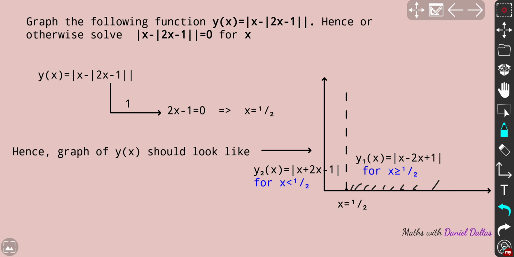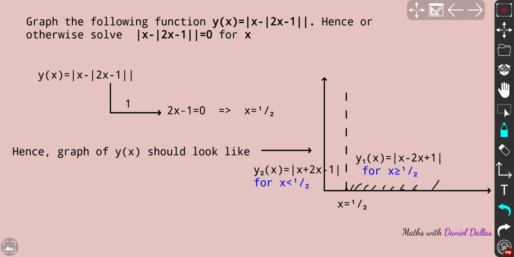For example, the right part is the part greater than 1 over 2. So if we consider x more than or equal to 1 over 2, this expression will be positive. Indeed, you can plug in any point. Let's take 1: we plug x equals 1 inside, we get 2 minus 1, it's 1.